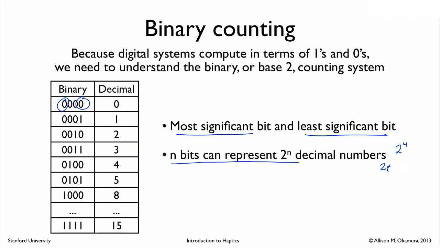And so that's 2 times 2 times 2 times 2, which should equal 16 because we have 16 different decimal numbers that could be represented. So if later on you hear, oh, I have a, say, 16-bit board, you know that it can store information up to a resolution of 2 to the 16 parts. So that's the number of decimal numbers that can be represented by a certain number of bits.